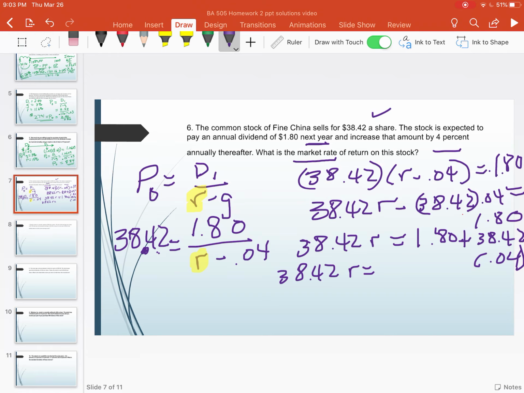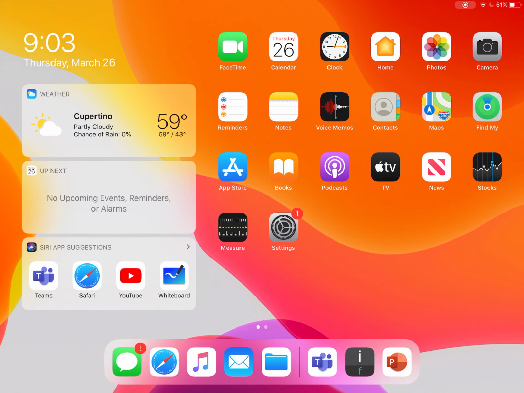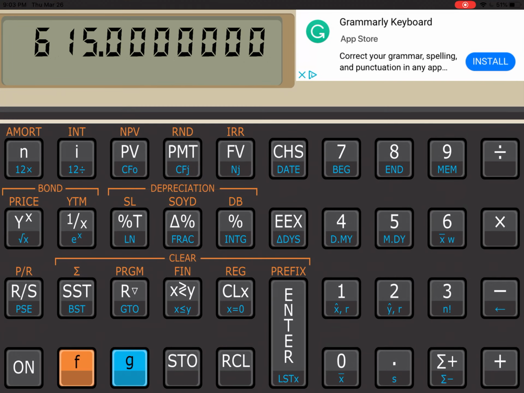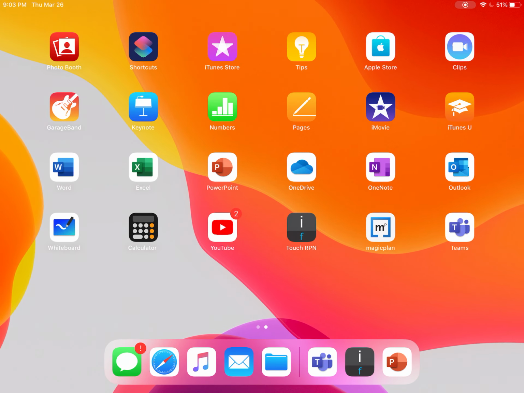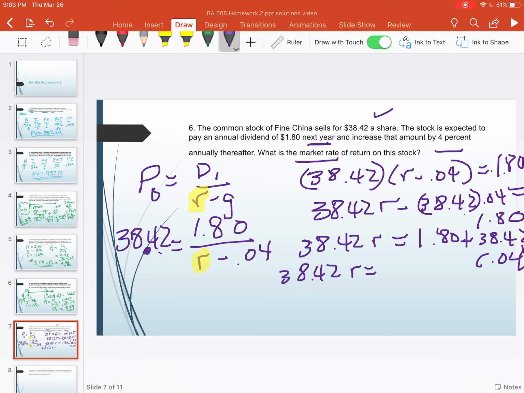if we move over to the calculator, F clear. So we're going to have 38.42 enter, and then 38.42 times 0.04 plus $1.80.